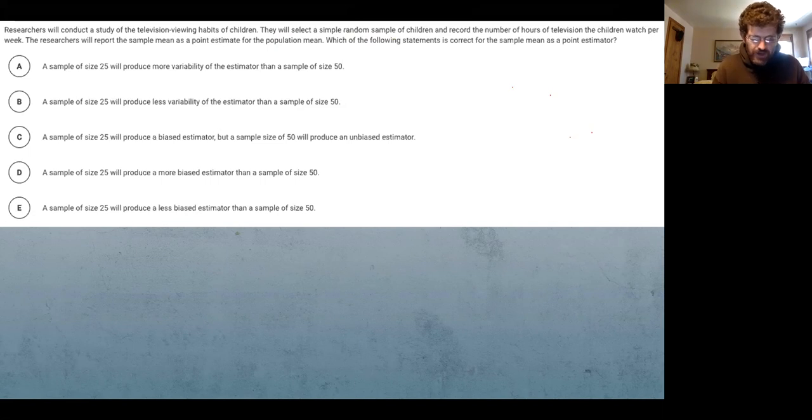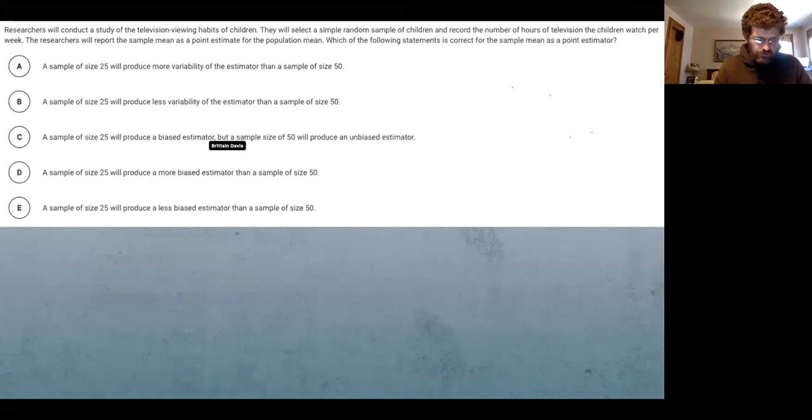So we're trying to estimate. If we have a sample size of, anyway, sorry, they don't tell us the sample size. That's in the answer choices. But regardless of our sample size, the sampling distribution mean should be the same as the population mean. That doesn't change. So we've got C, D, and E saying that one of them is going to be biased, one of them is not going to be biased.